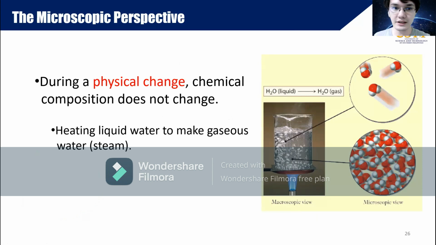So during a physical change, again, the chemical composition does not change. Heating liquid water, the water is still there but in vapor form.